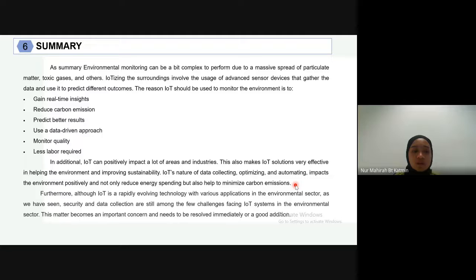Last but not least, although IoT is a rapidly evolving technology with various applications in the environmental sector, security and data collection are still among the few challenges facing IoT systems in the environmental sector. This matter is a very important concern and needs to be resolved immediately. That's the conclusion of our assignment.